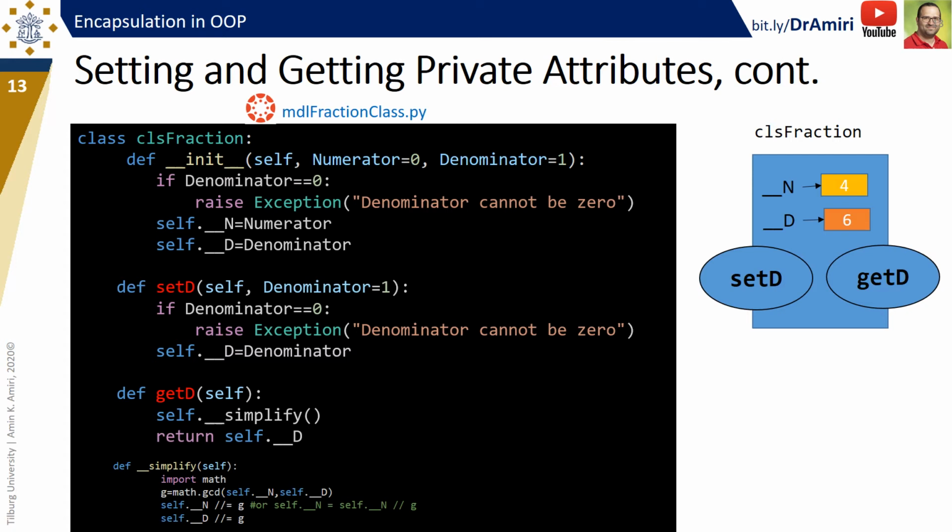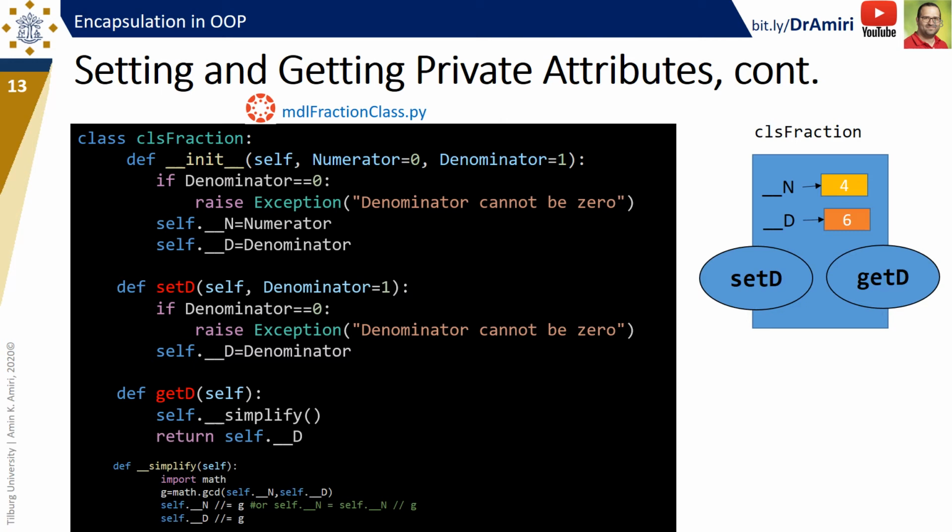We also need to have a method called getD, a getter method that will return the denominator, the private D. However, what we require here is that we want that instance of the class of fraction to be simplified before returning the D. So what I'm going to do is create a private method called simplify, which simplifies the fraction.